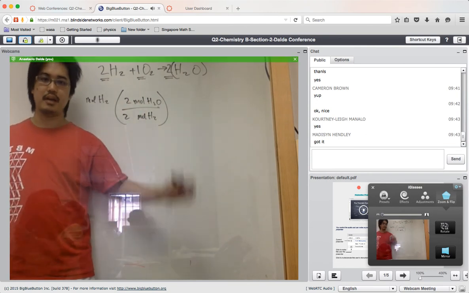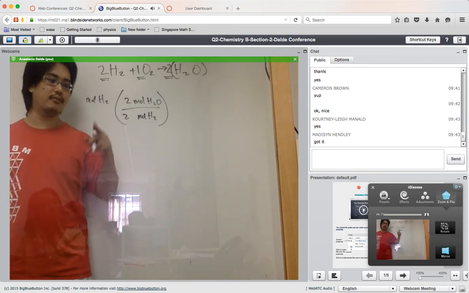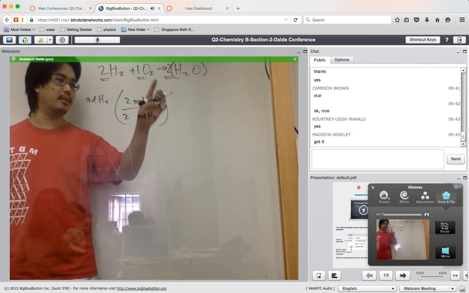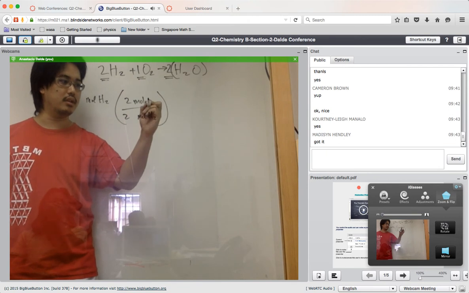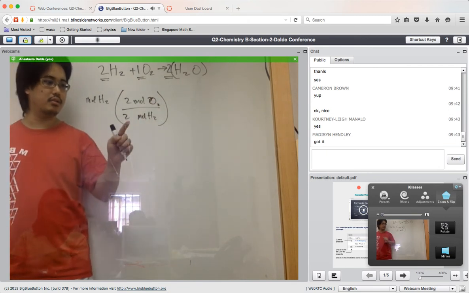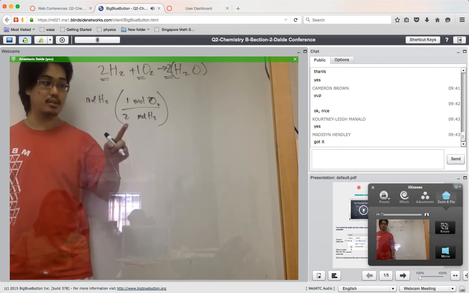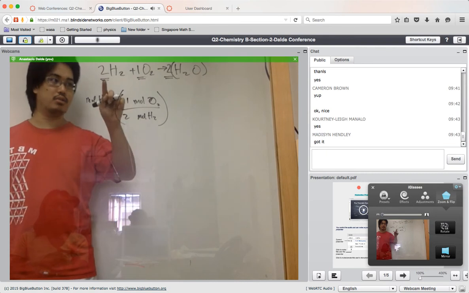So that would be my conversion factor. Or if I had moles of H2 and wanted to figure out how many moles of O2 are required, then I would write 2 down here and a 1 over here. Where am I getting these numbers, this 2 and the 1? Straight from the coefficients up here.